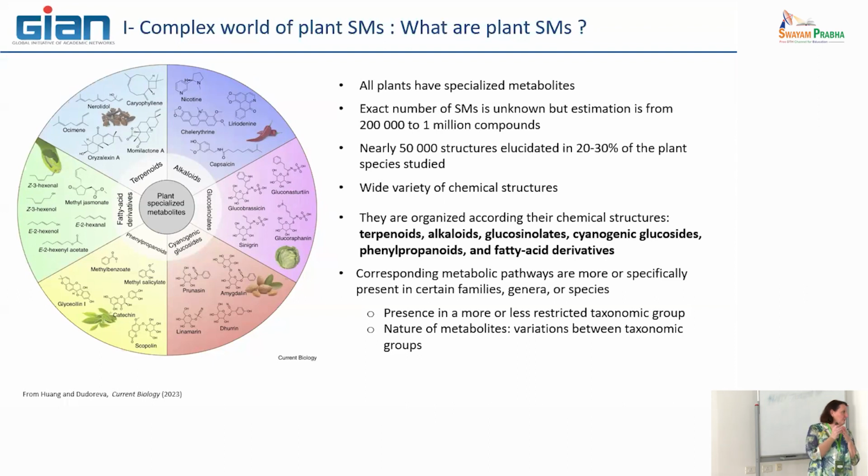So it's quite a small part, and only in the diversity of plants, because only 20 to 30% of plant species have started to be studied according to their ability to produce specific metabolites. So there is a large amount of work still to do.